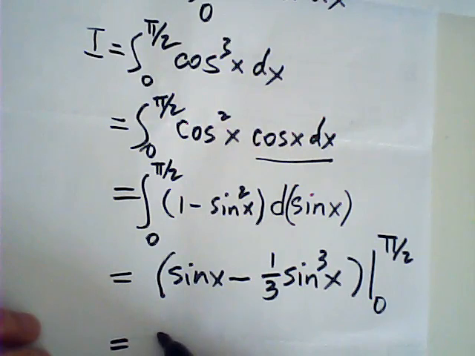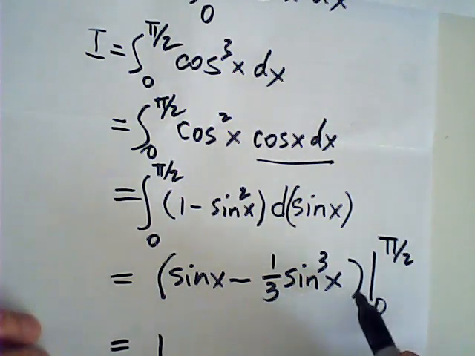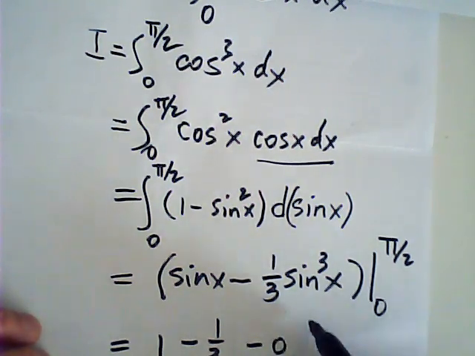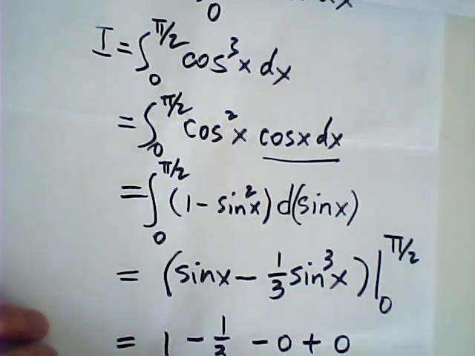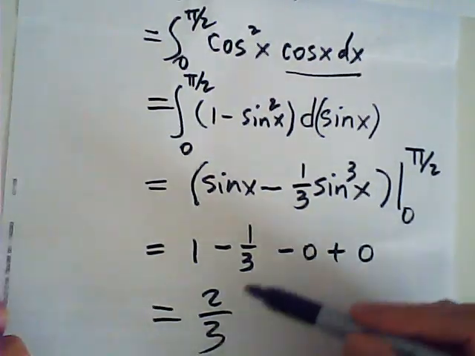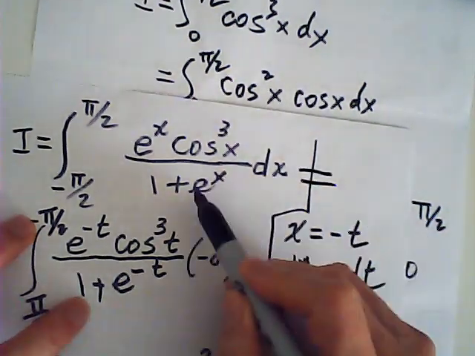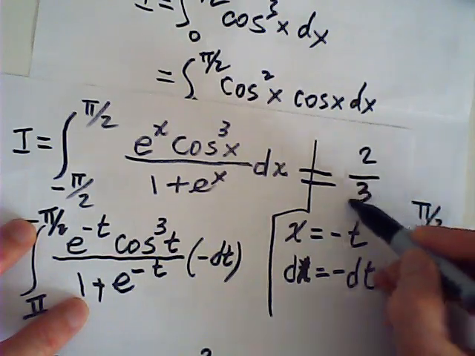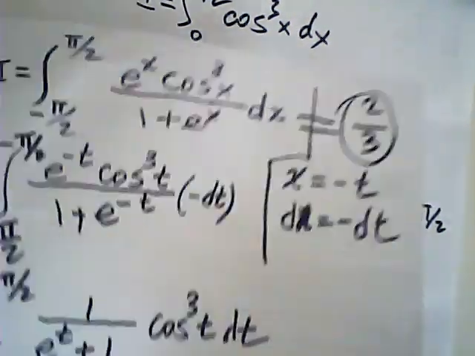So this one is equal to 1, sine of half pi equal to 1, right? Minus 1/3. And minus 1, minus 0, plus 0. So this one is equal to 2/3. So my integral is equal to 2/3. All right, that's the answer.